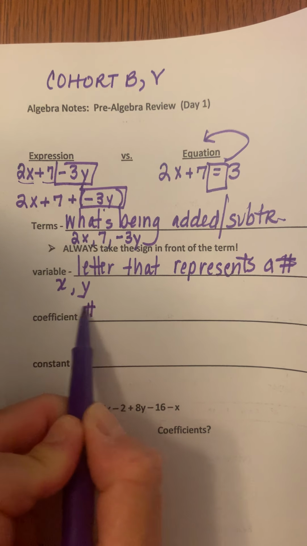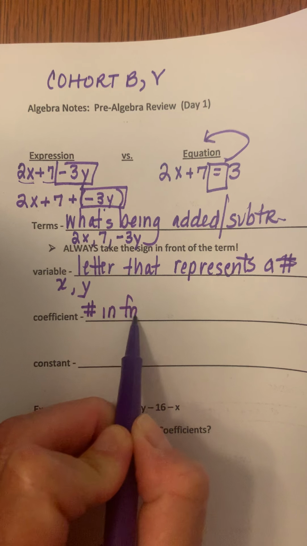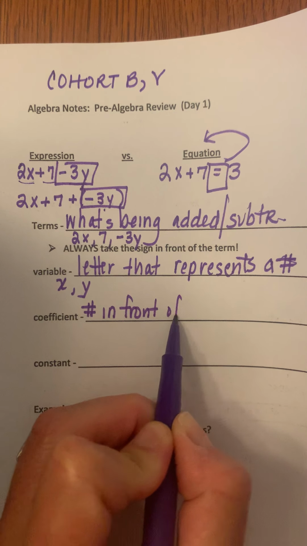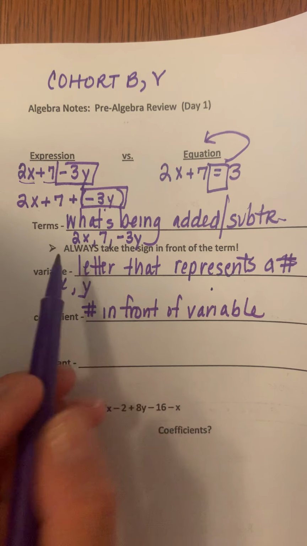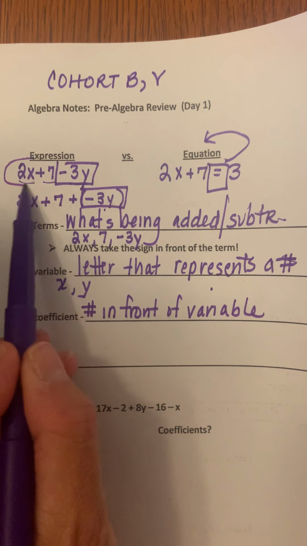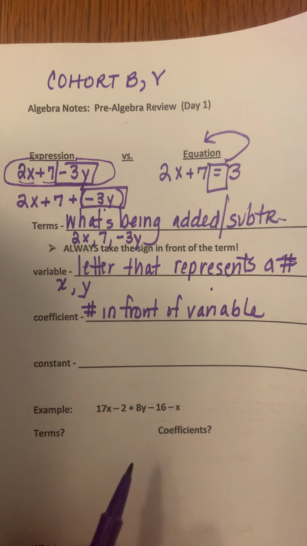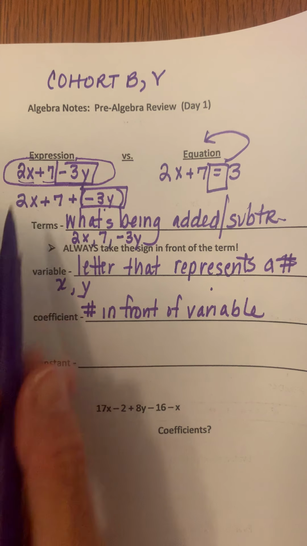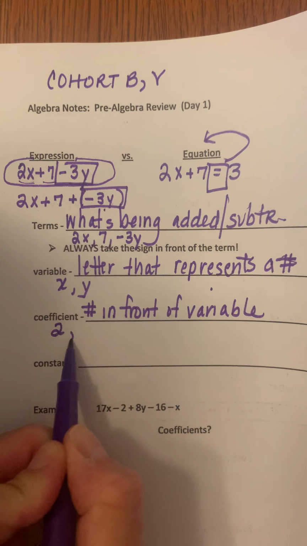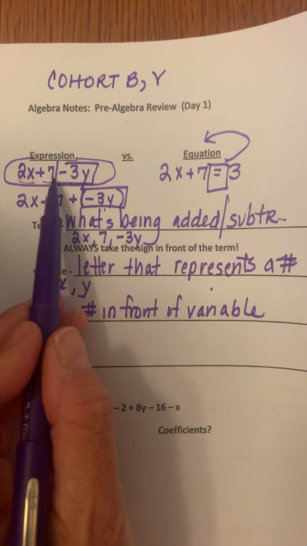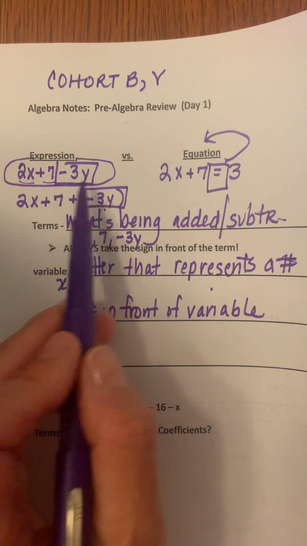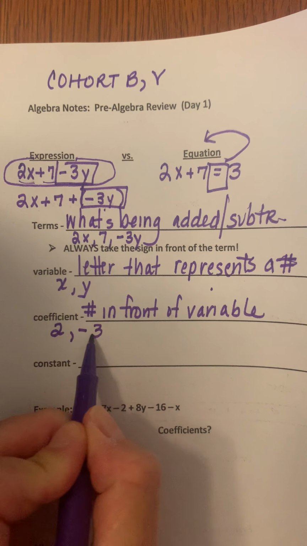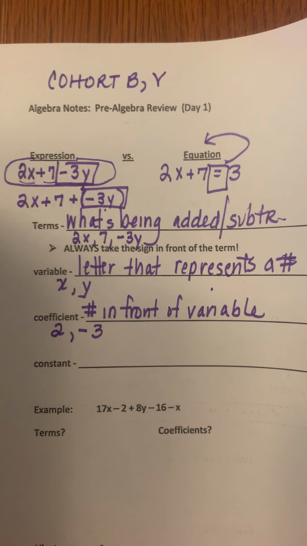Your coefficient is the number in front of the variable. So if we go back to our original example, our coefficient would be 2 because it's in front of x. 7 does not have a variable, so we leave that alone. And this is negative 3y, so the coefficient would be negative 3.